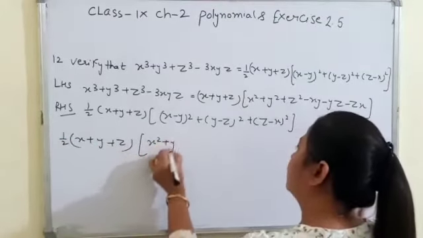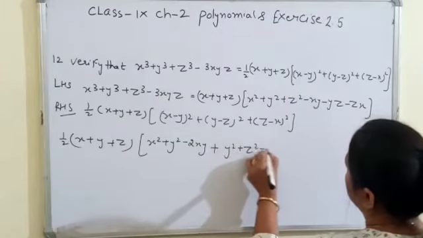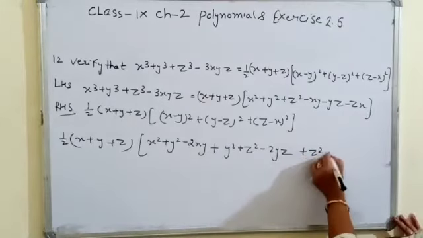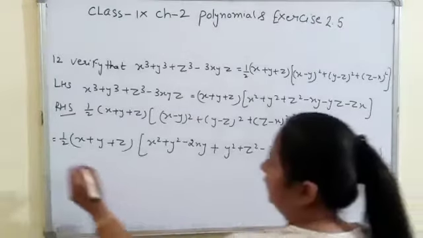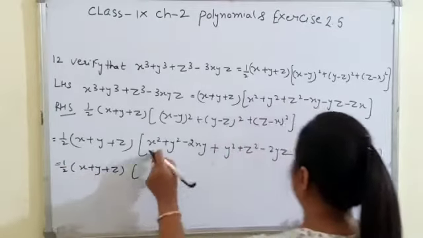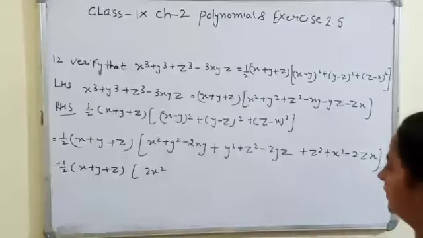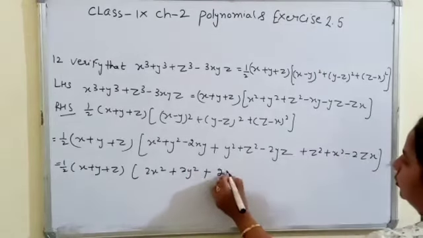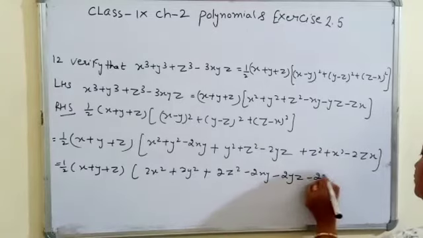x square plus y square minus 2xy, y square plus z square minus 2yz, z square plus x square minus 2zx. Collect the terms: x plus y plus z into x square plus x square, this is 2x square, y square plus y square, 2y square, z square plus z square, 2z square, minus 2xy minus 2yz minus 2zx.